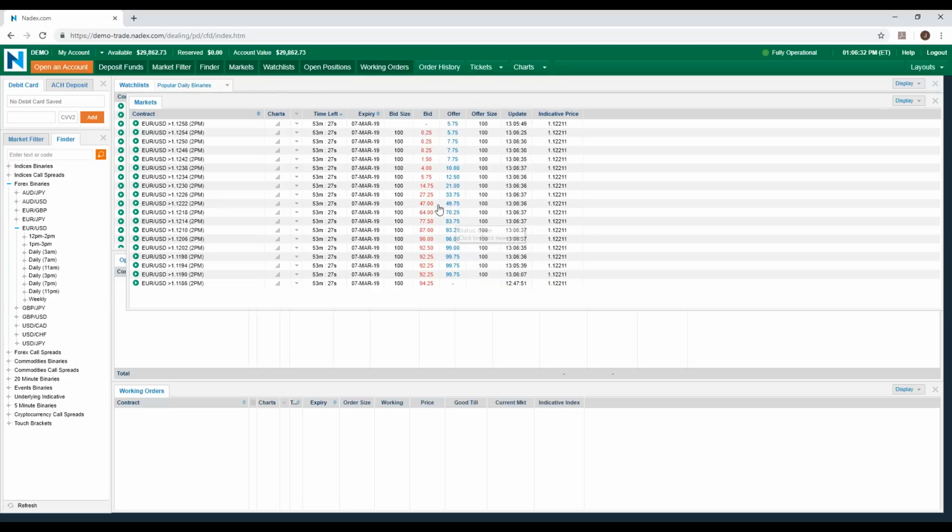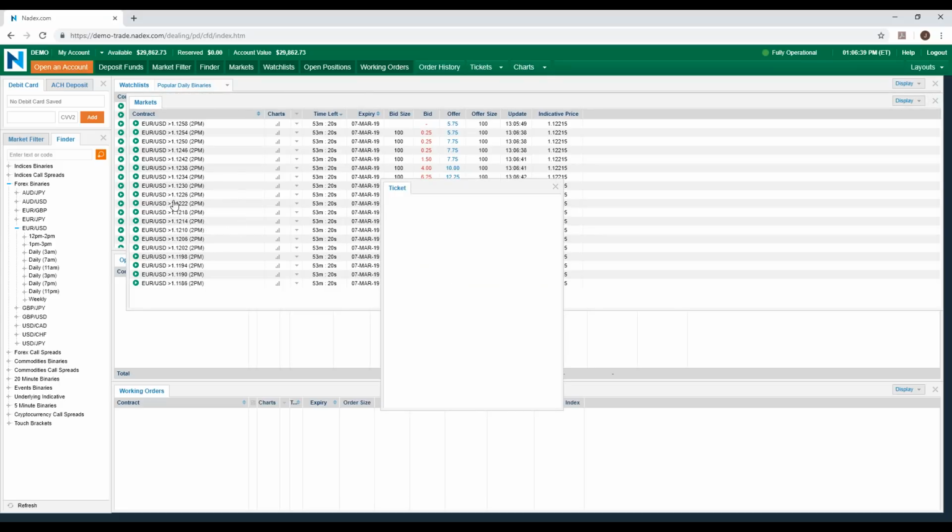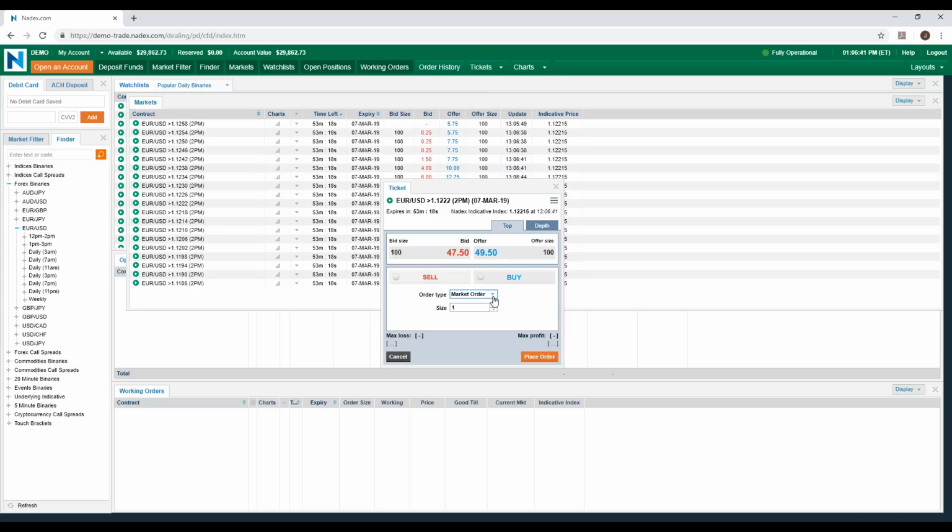Okay, so if, for example, we were to open this ticket right here, and we said that we wanted to buy this particular contract. Well, the great thing about Nadex is all of their products are capped risk.